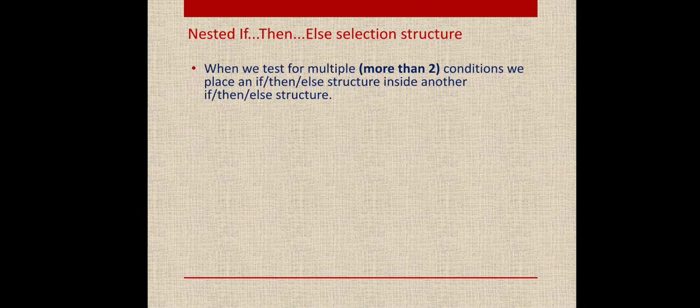By taking a simple if statement or a simple if then else statement, we will not be able to take more than two decisions. So if we need more than two decisions, we need nesting of if else statements. That is, we put one if then else structure inside another if then else structure. Here we can see the example, which will help us to understand this statement.